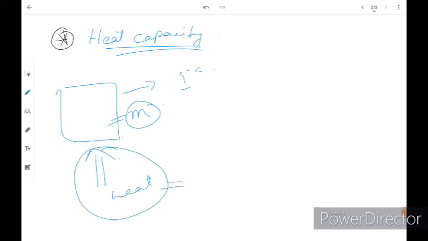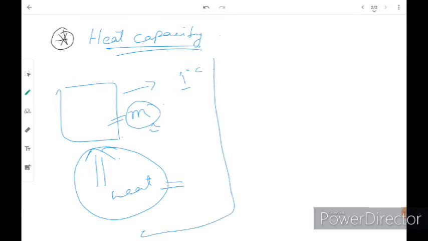The amount of heat energy that is required to raise the temperature of a body by 1 degree C. Here we are not talking about mass; it does not have any fixed mass, and this is known as heat capacity.